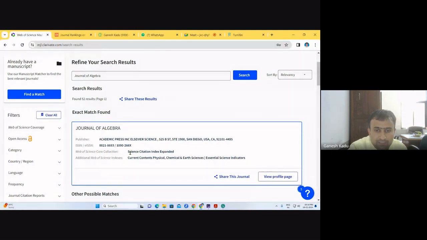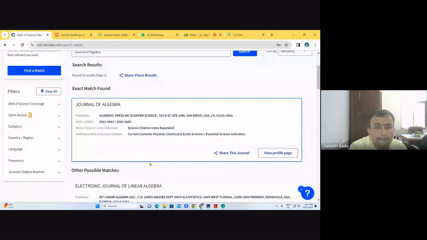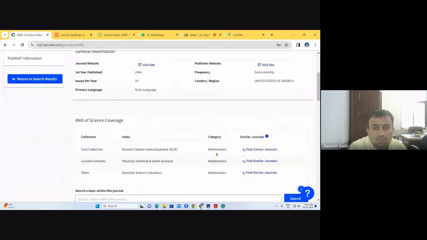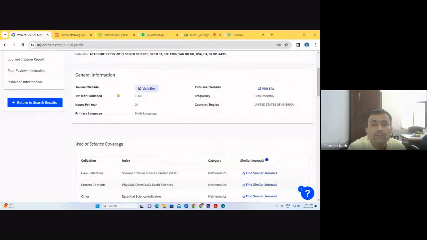So it is a Science Citation Index Expanded journal, a so-called SCI journal. And then you can also check its profile page, which gives you the website and what kind of journal it is.